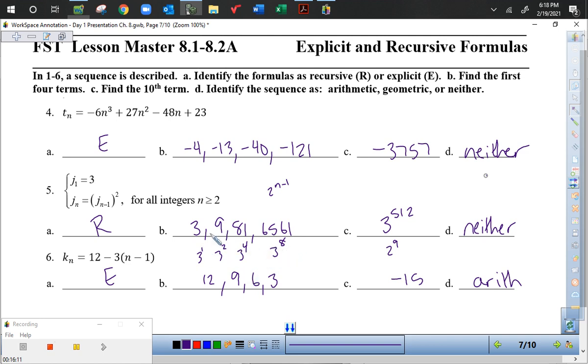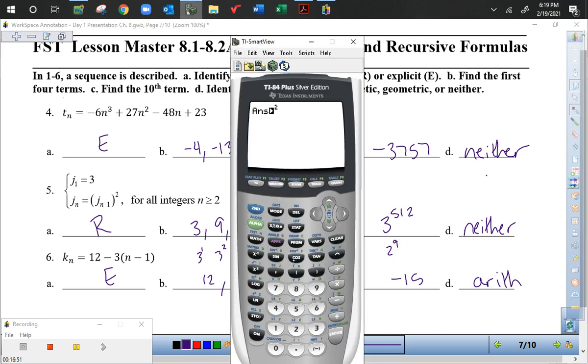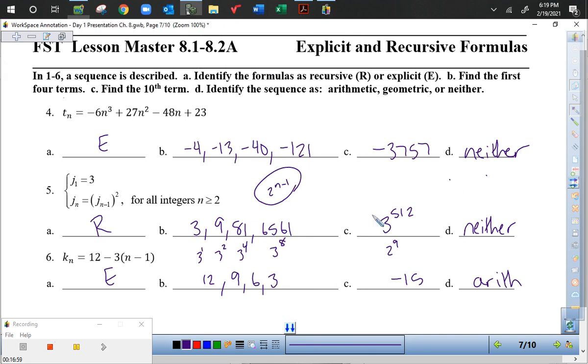And if that's happening, then we can use that 2 to the n minus 1 power to talk about what 3 gets raised to. So for us, when we are looking at the 10th term, n minus 1 becomes 9, and then 2 to the 9th in your calculator is 512, so it's 3 to the 512th power. Just something weird that happened where it was too big, too fast. That's not going to happen with arithmetic. It's not going to happen with geometric.